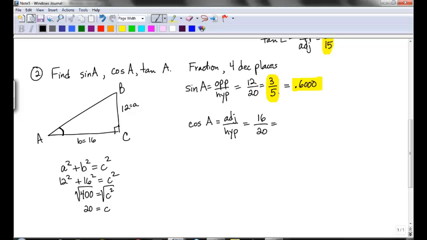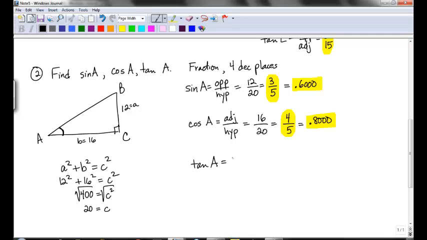What goes into both of them? 4, so we'd have 4/5, and 4 divided by 5. Yep, and you want the zeros. So one answer is 4/5 for the cosine, and 0.8000.